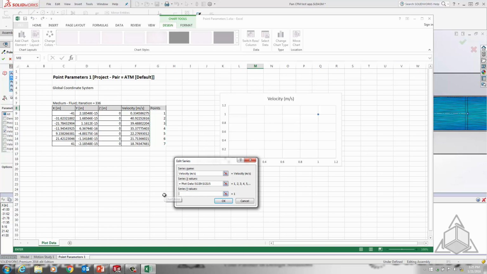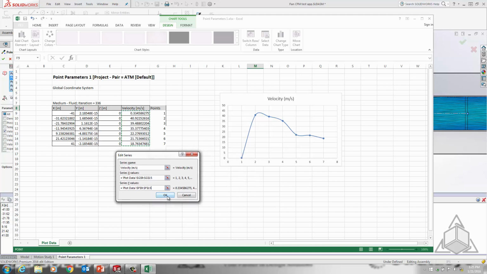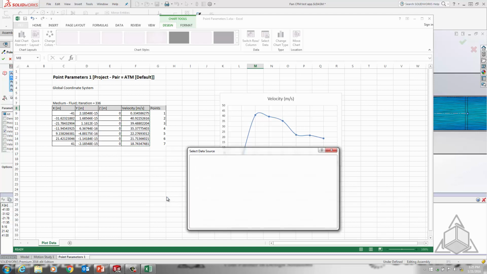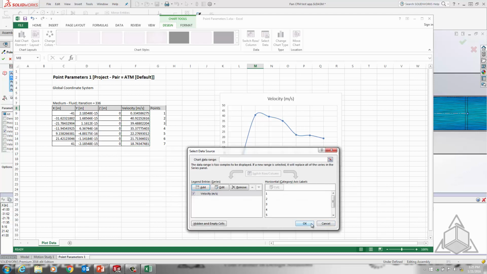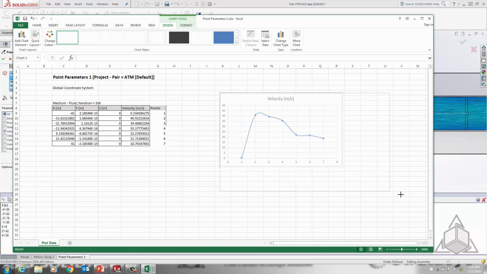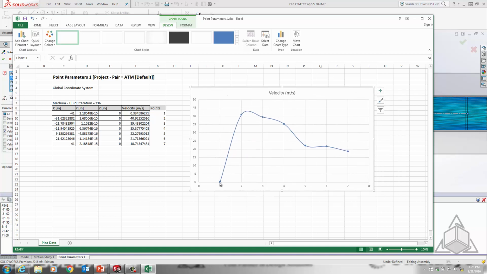And then for the y, I'm going to select the velocity, and I say okay, and there you go. Now you can actually see how the velocity changes as you go through your different points on that line. Very nice representation of your airflow.